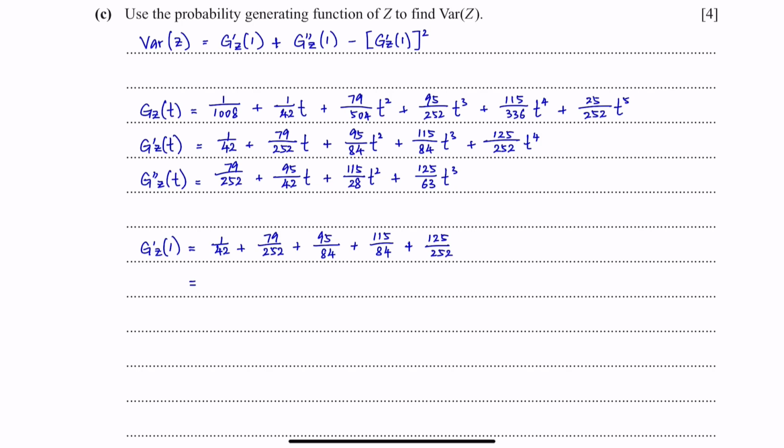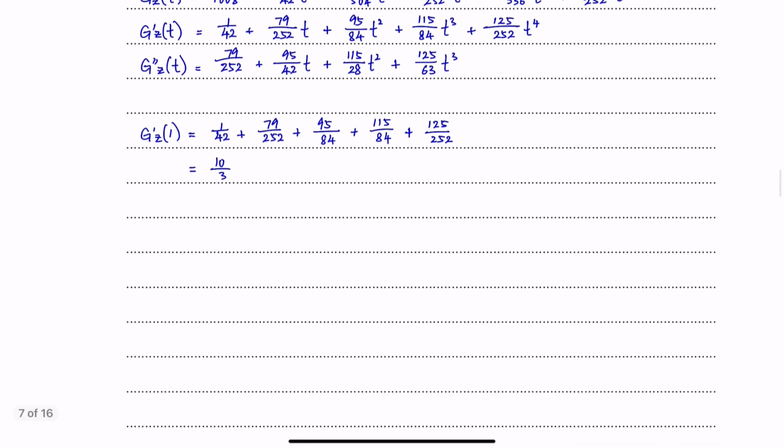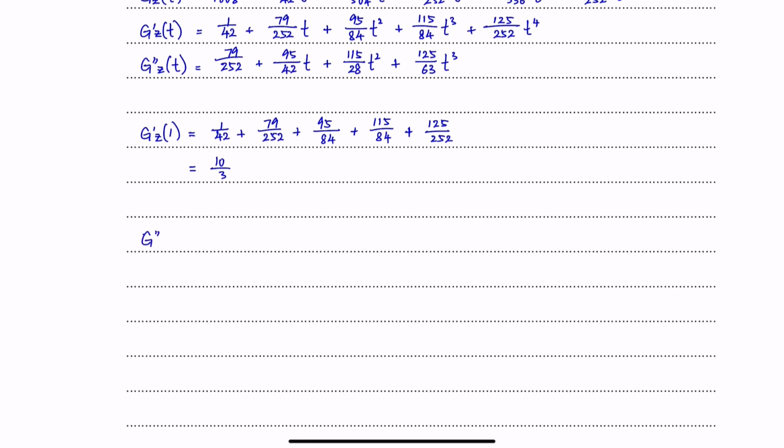So the sum of this would be 10 over 3. And for G prime prime 1, we sub t equals 1 into this expression.